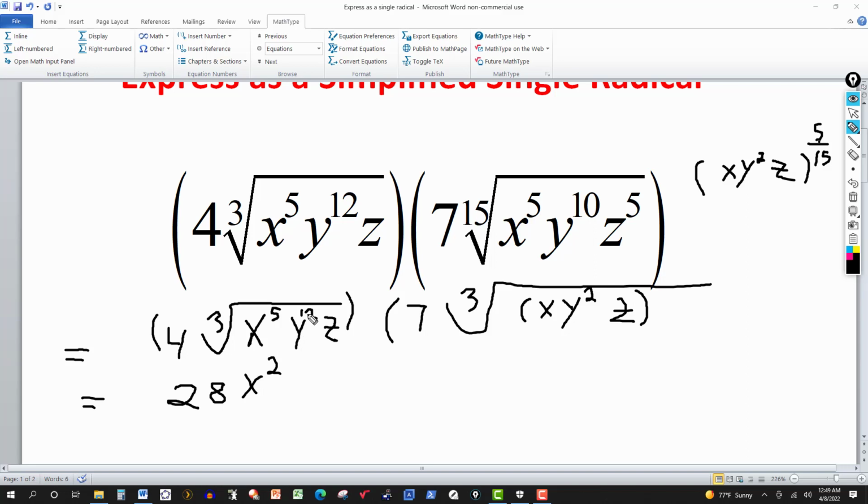Now the y to the 12th and the y to the 2nd, I'm just going to leave that way for now. Y to the 12th is a perfect cube because 3 goes into 12 four times. So the cube root of y to the 12th comes out. I could multiply y to the 12th and y squared to get y to the 14th, but then I'd have to break it down again.